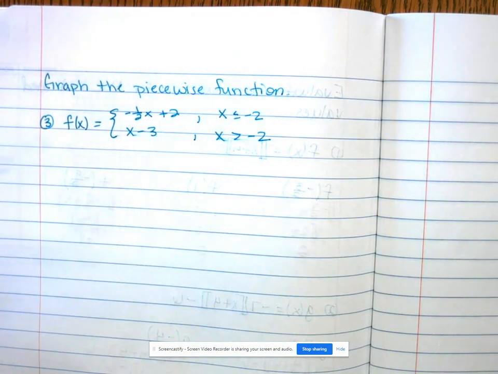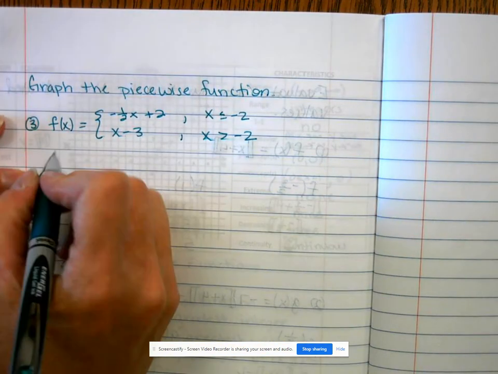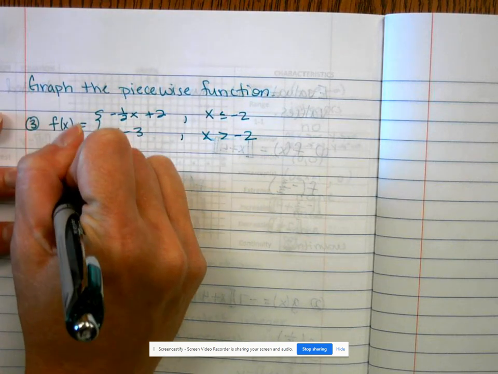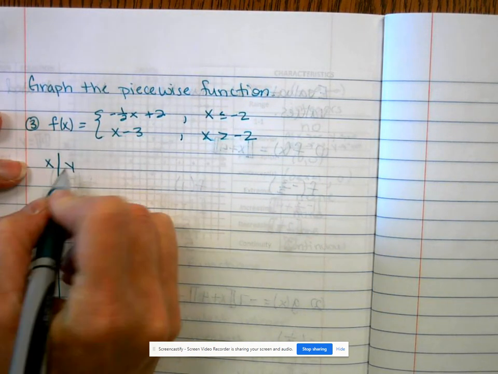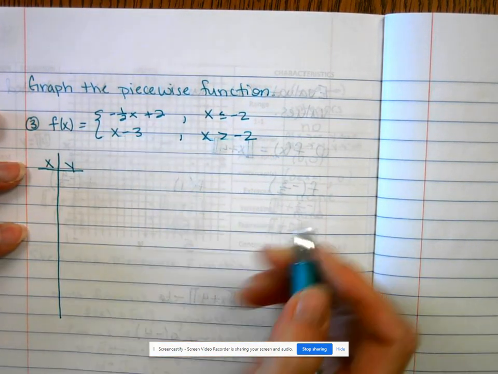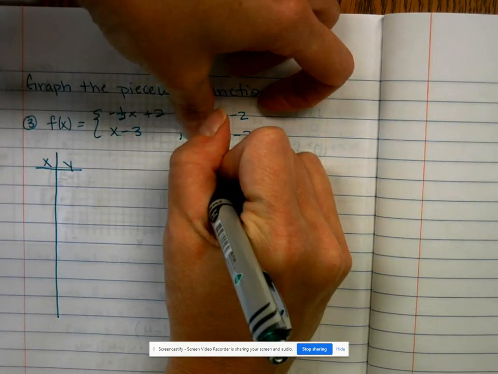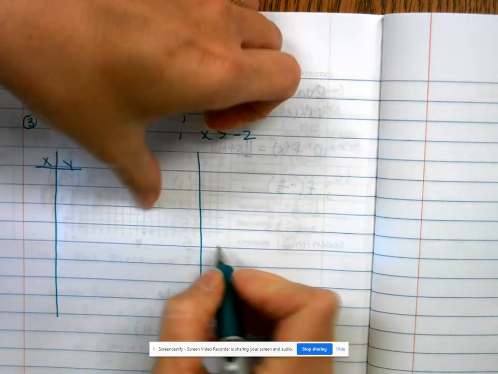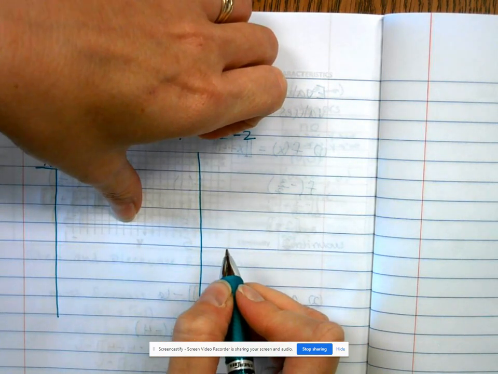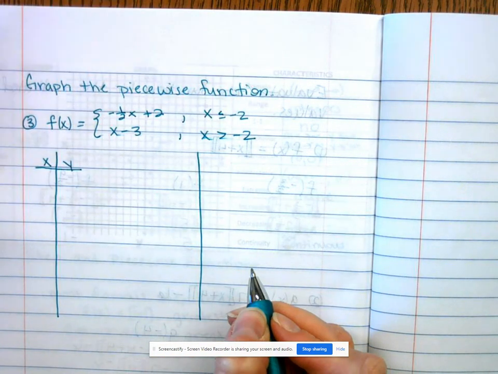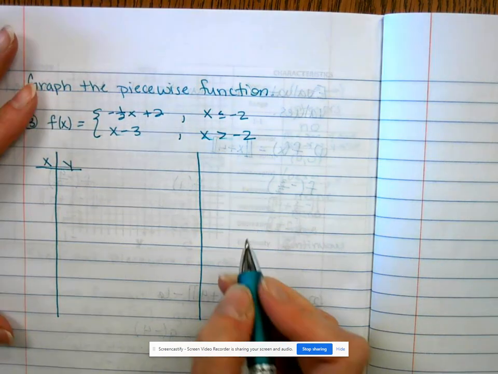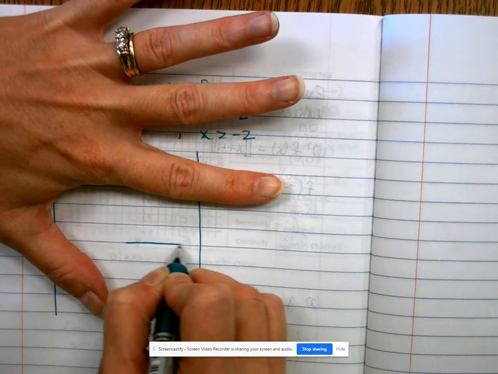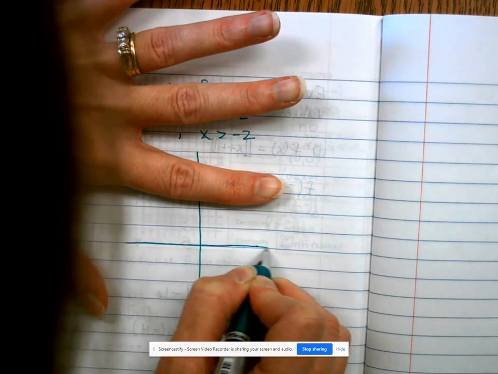So the way that we're going to handle this is, there's really two ways. I'm showing you the easiest way for everybody to understand. If you've learned to do this before and you can do it without making a t-table, I'm okay with that. But it's easier for a lot of people if they make a t-table, so that's what I'm doing.